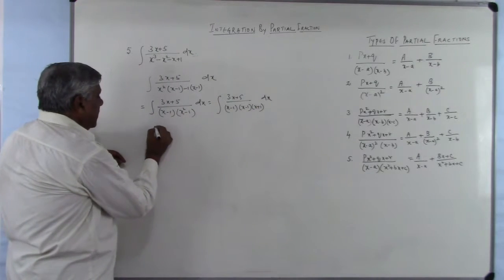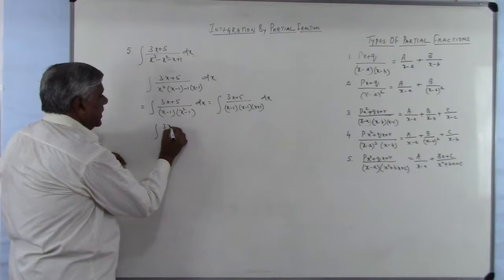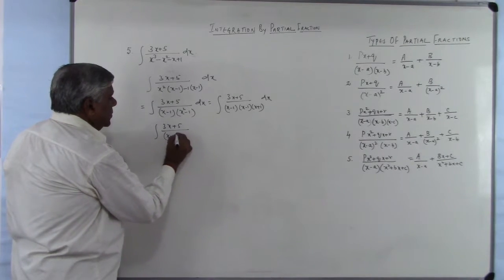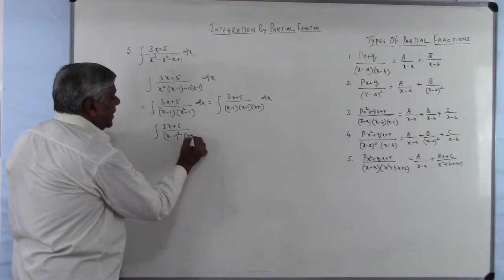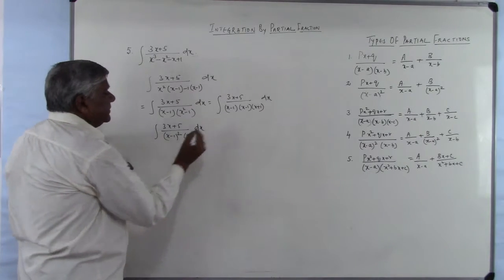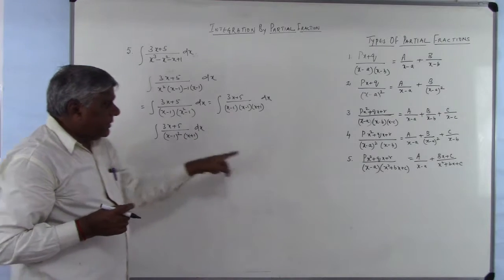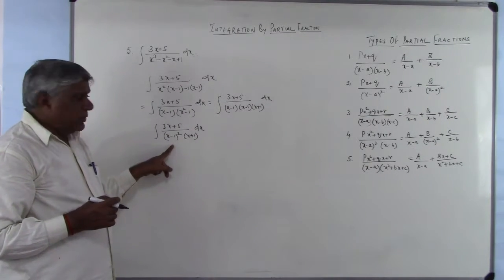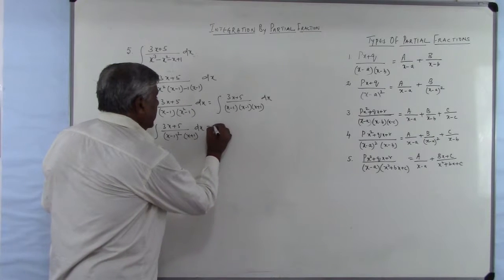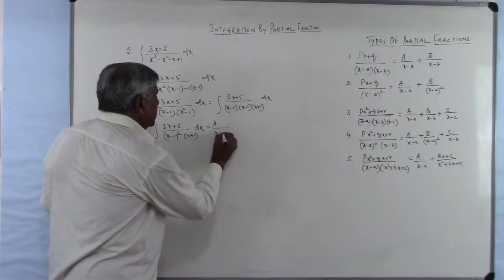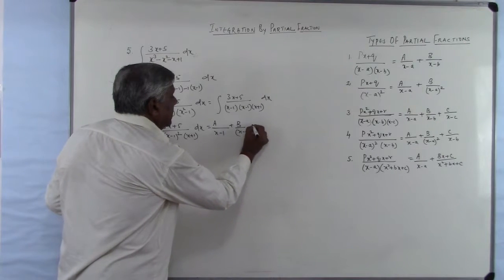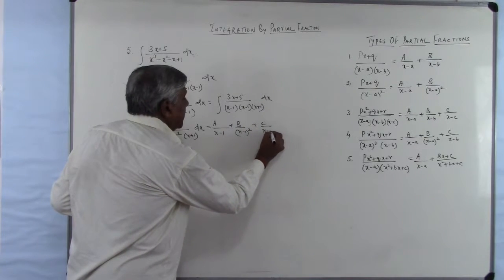Now the original problem becomes like this. You can see it becomes x minus 1 whole square into x plus 1 dx. Is it not of the same type? Same type you get here. So this is equal to what we are going to write: a over x minus 1 plus b over x minus 1 whole square plus c over x plus 1.